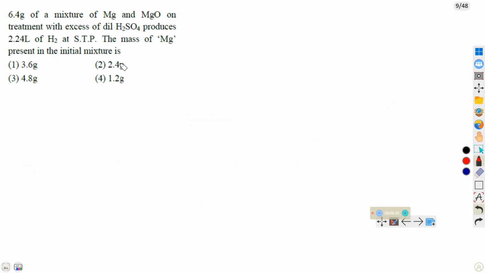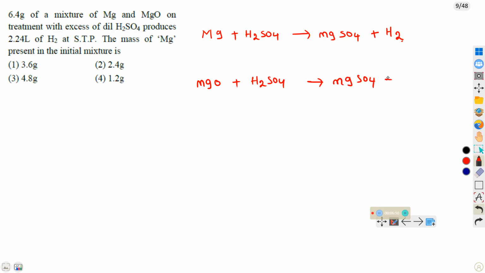6.4 grams of a mixture of Mg and MgO on treatment with excess of dilute H2SO4 produces 2.24 liters of H2 at STP. The mass of magnesium present in the initial mixture is? First frame the chemical reactions. Mg reacts with H2SO4, then it gives MgSO4 plus H2. MgO reacts with H2SO4, then it gives MgSO4 plus H2O.